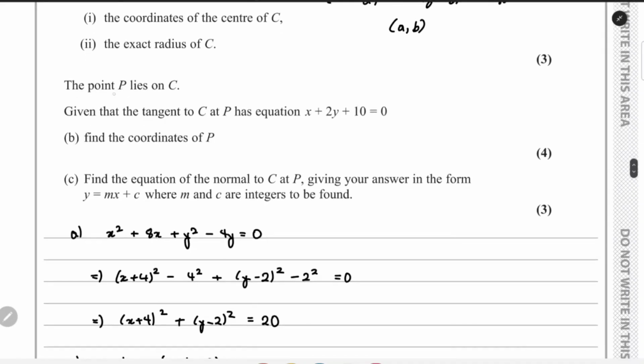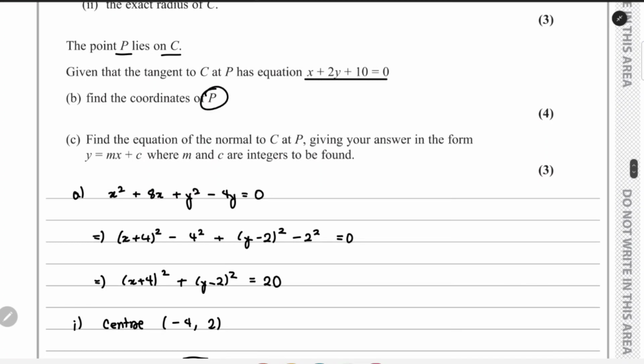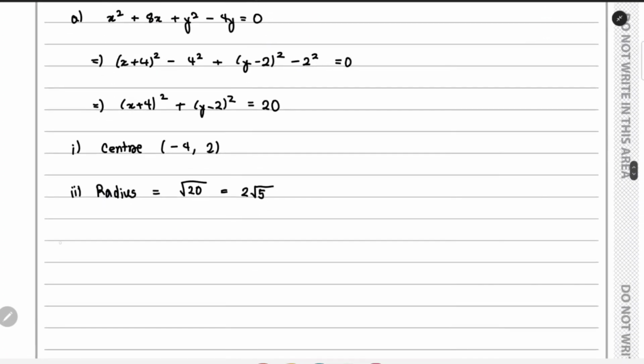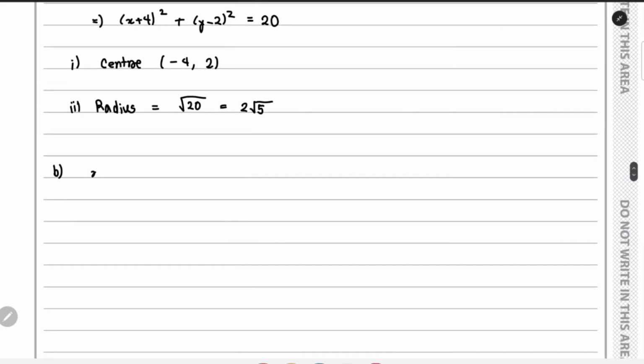Now for part B, we are given that point P lies on C, and that the tangent to C at P has the equation x plus 2y plus 10 equals 0. We have to find the coordinates of P. We are given the equation x plus 2y plus 10 is equal to 0, and this lies on the circle.